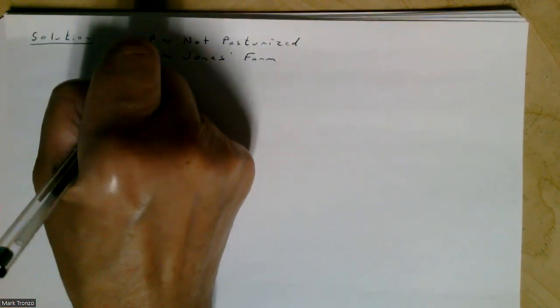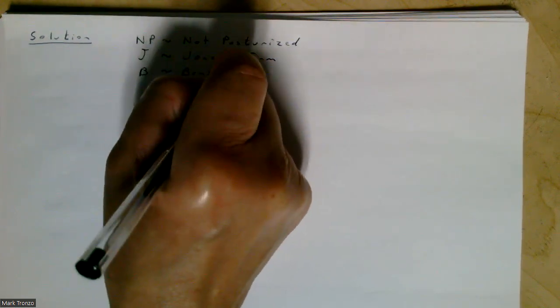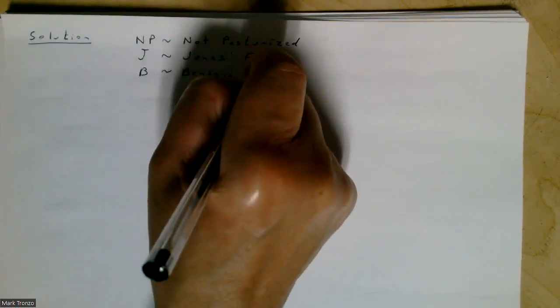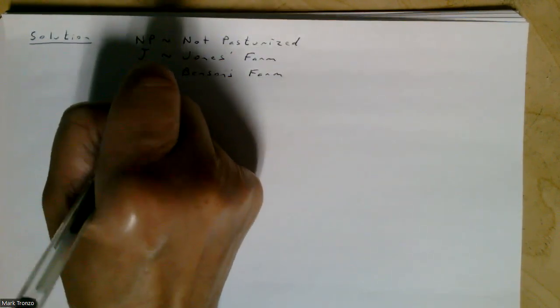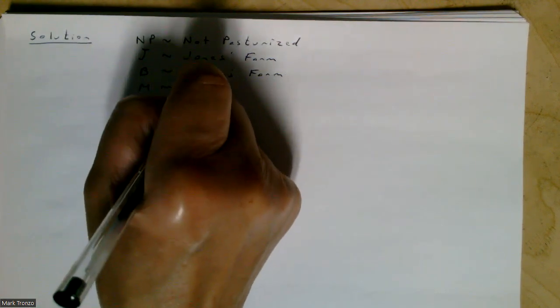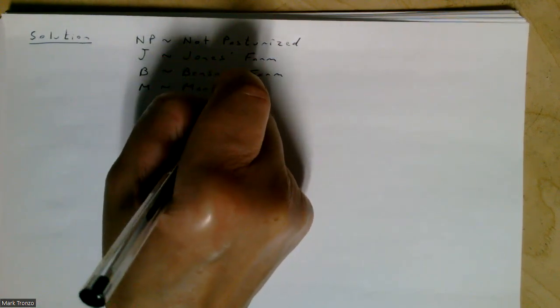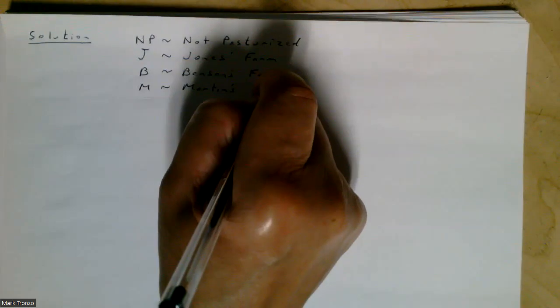We'll call B that's from Benson's farm. And finally, M is this from Martin's farm.